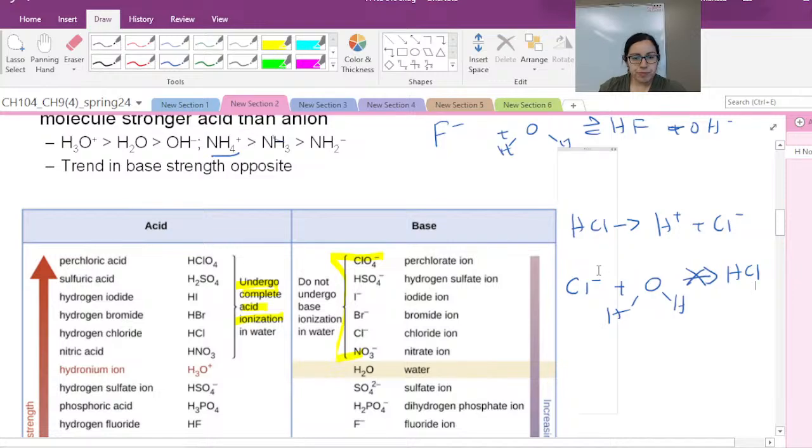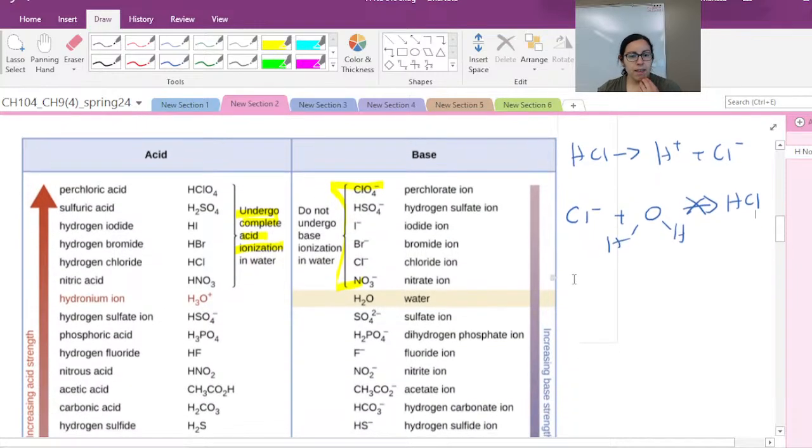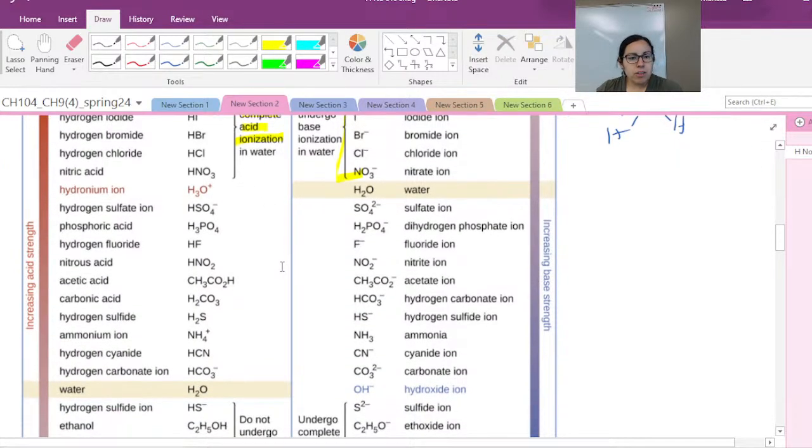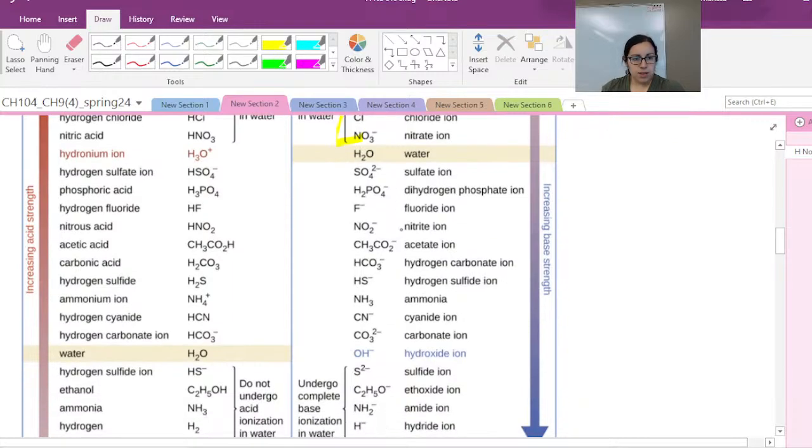So that's useful. And then below it, hydronium and water, right? Those would have equilibrium back and forth. And now these are just our conjugate acid-base pairs, whose difference is by a hydrogen: phosphoric acid and dihydrogen phosphate, HF and fluoride. And then we get into the nitrous and nitrate, acetate and acetic acid.